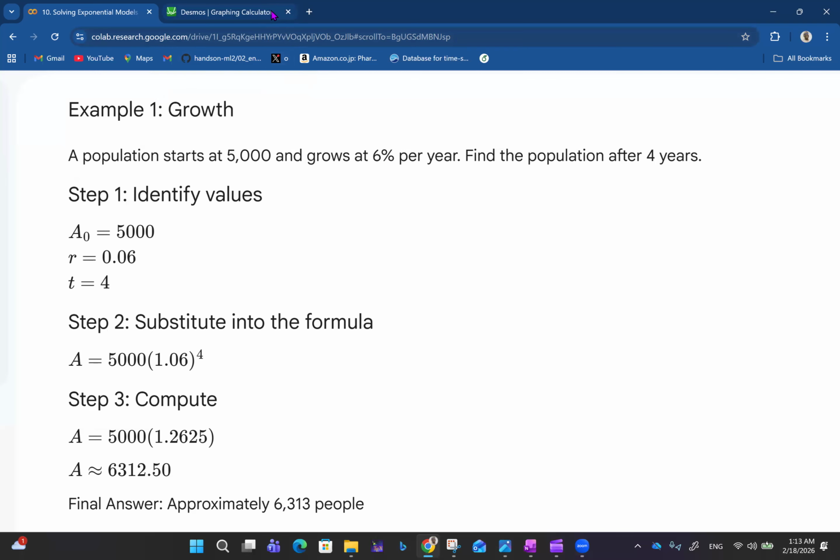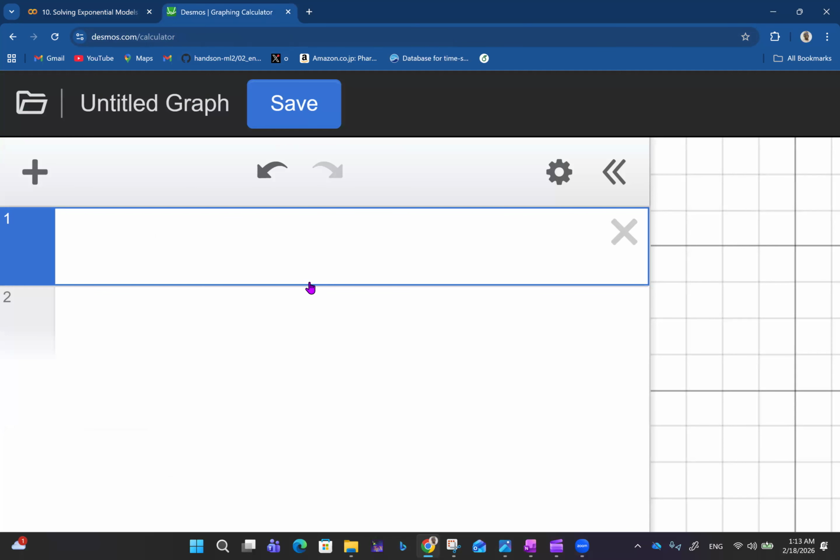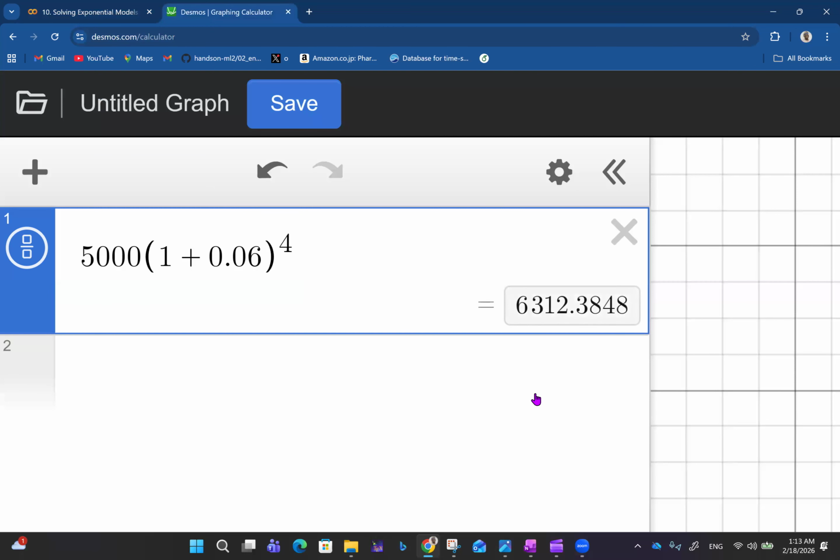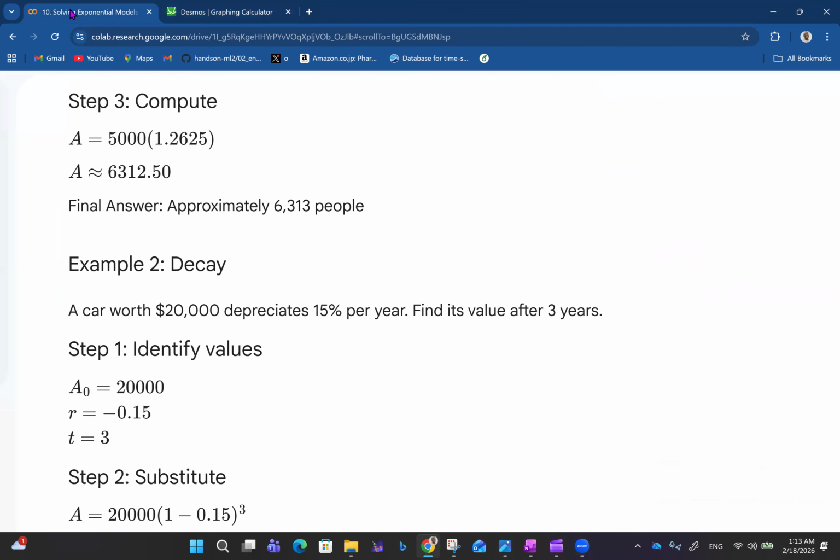So I have 5,000 into 1 plus 0.06, which was already done, raised to power 4. So we have 6312.3848 like that. But because there's no half human, you just say 6,313 roughly, okay? So that's the idea of growth.